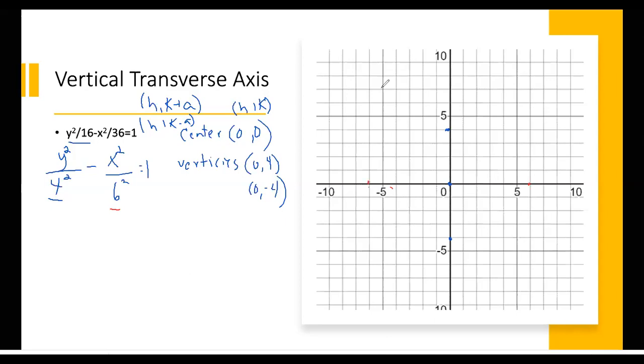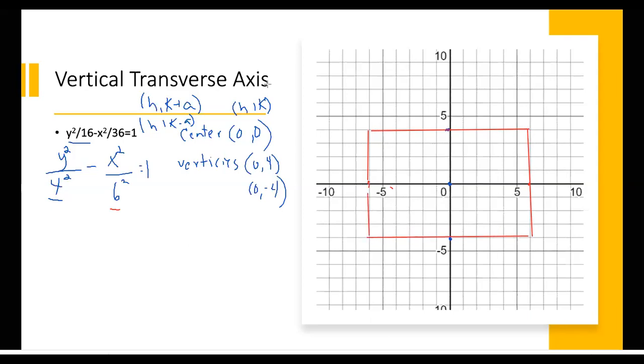And let's draw this box. So usually we draw these dotted lines. I haven't figured out how to do this here. But this is our box.